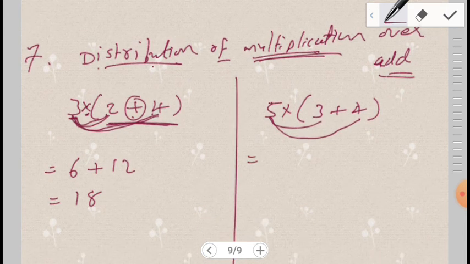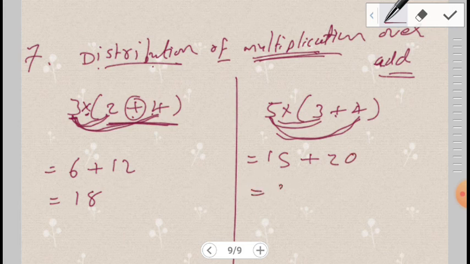So here 5 will multiply first with 3, so 5 3s are 15, and again here is a plus sign, so we apply plus, and 5 will multiply with 4, so it becomes 20.